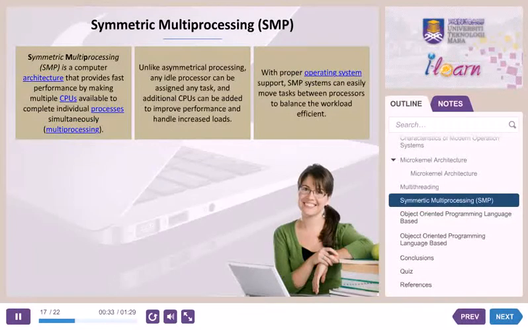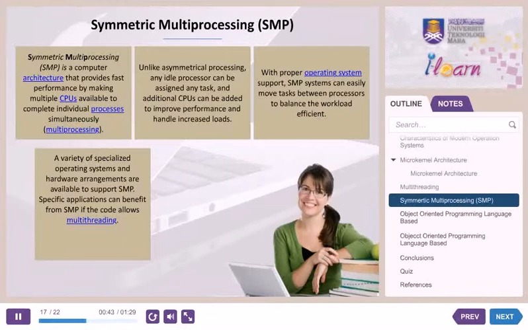With proper operating system support, SMP systems can easily move tasks between processors to balance the workload efficiently. A variety of specialized operating systems and hardware arrangements are available to support SMP.